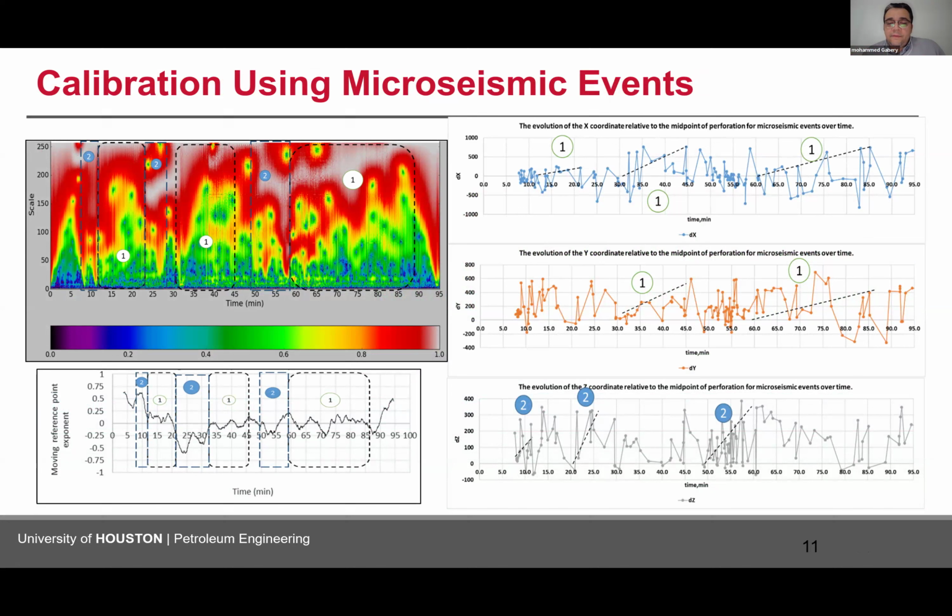But the best calibration is to calibrate using an independent physical measurement, which is the microseismic events. We compare the scalogram with how the microseismic events propagate in X, Y, and Z relative to the perforation of this fracture stage.